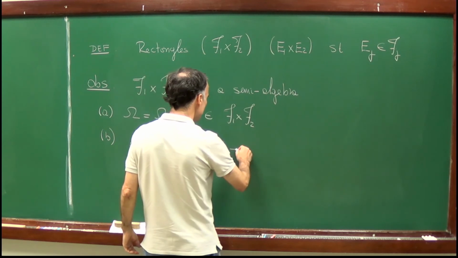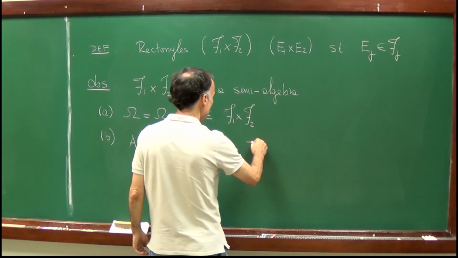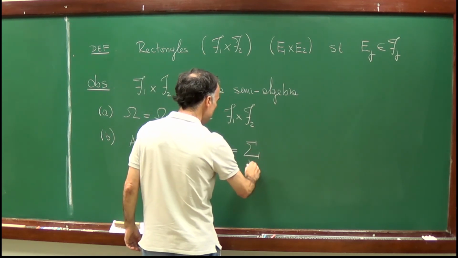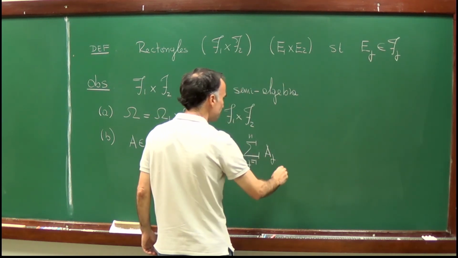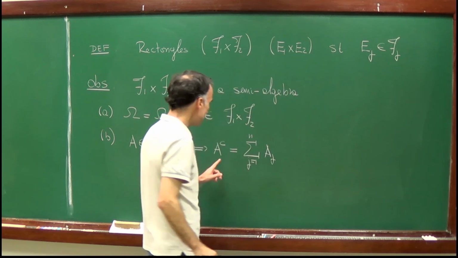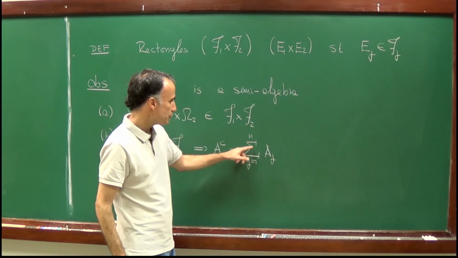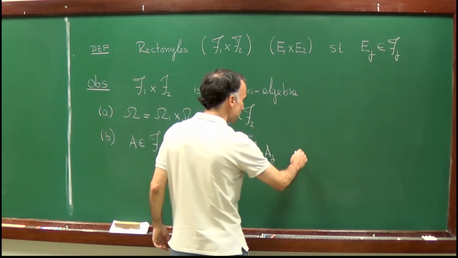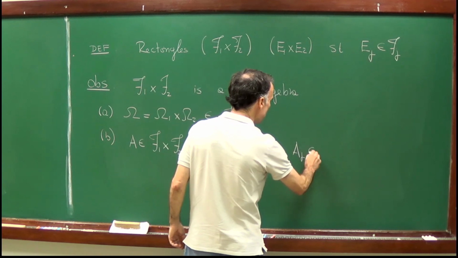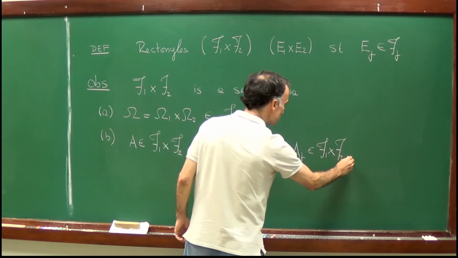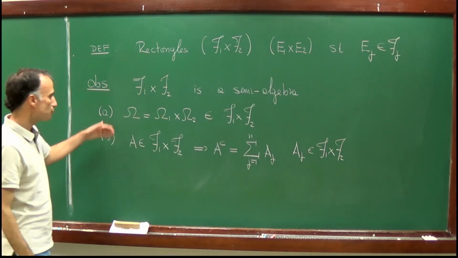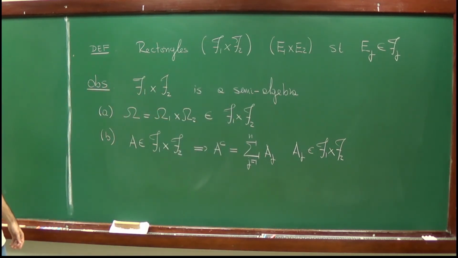So I have to show that there exists a finite n and sets Aj in F1 times F2 such that the complement of A can be written as the disjoint union of the sets Aj. Okay, so these are the two properties of the semi-algebra.